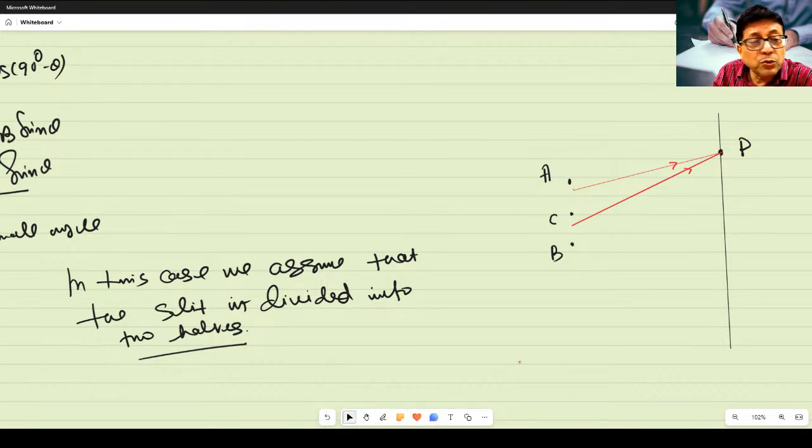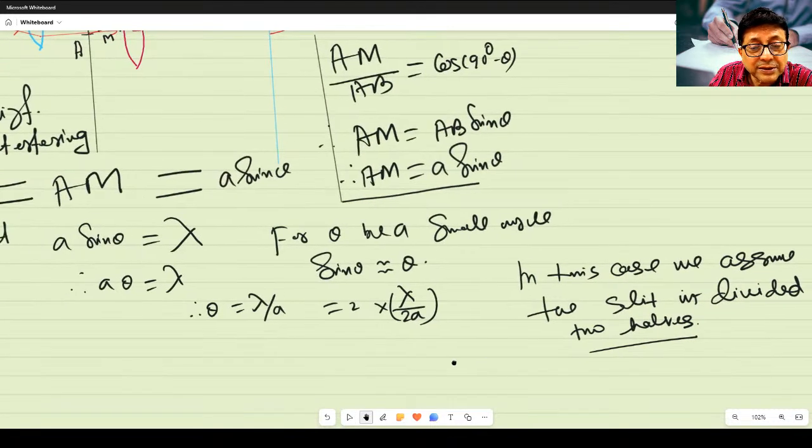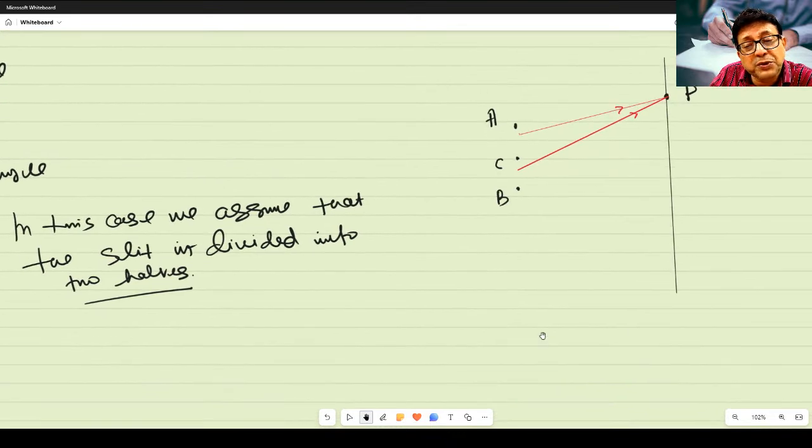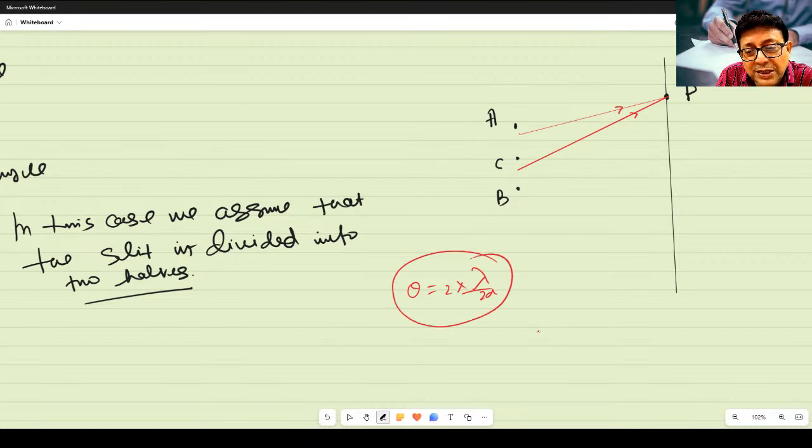Okay, so we are continuing that. What are we continuing? This thing, that theta equals 2 into lambda by 2a. We are working on this. So how will I explain minima over there?